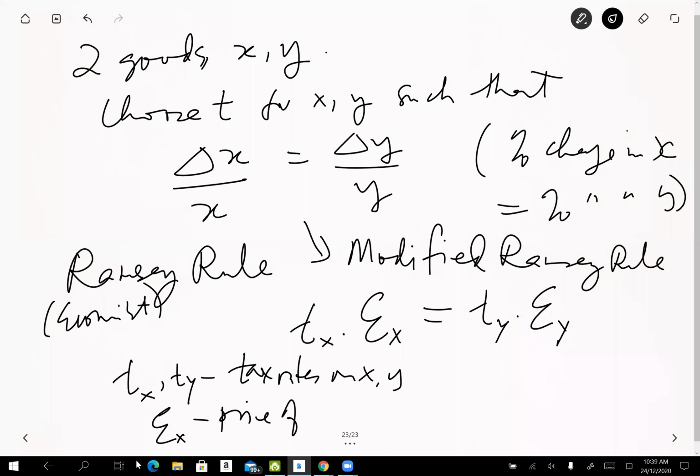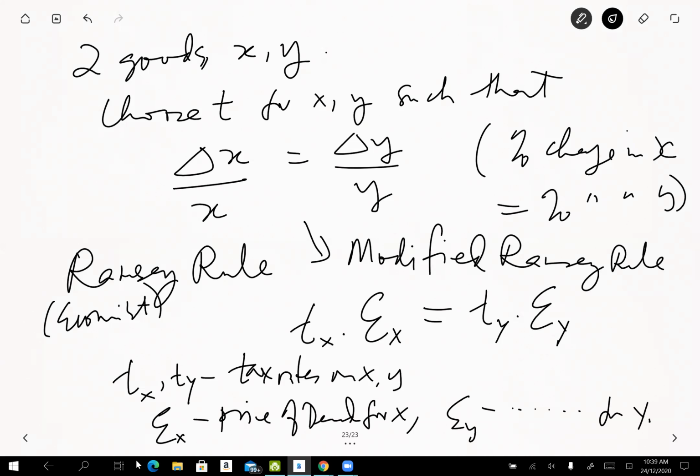Since we're talking about price elasticity, we're not talking about the income elasticity for now. So we just call it elasticity of demand. Price elasticity of demand for X. And similarly for Y, so price elasticity of demand for Y. So that is the modified Ramsey rule. The tax rate multiplied by the elasticities of each good, they are equal.